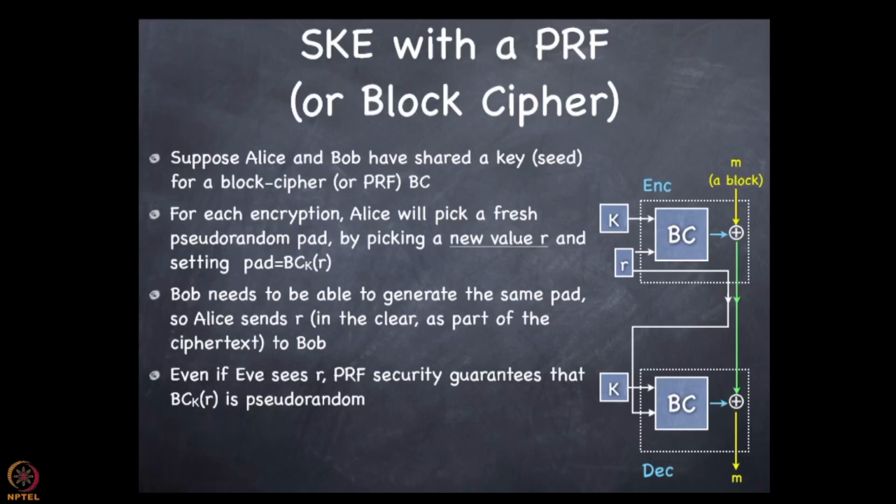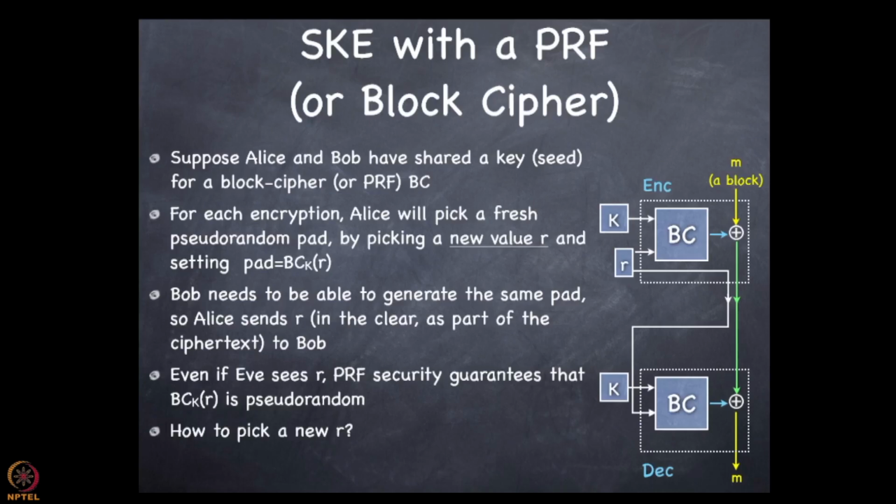So this R is called a nonce. That's a technical term, something that's a random string, or it doesn't have to be random really. Something that's just fresh, that's used only once. Here it's not important that it's random. It's just something different each time. That's all that's needed.